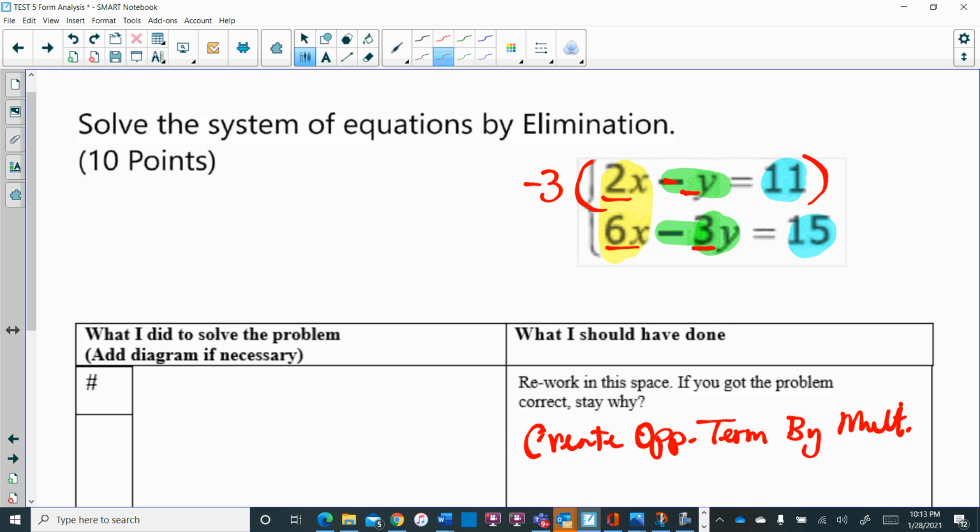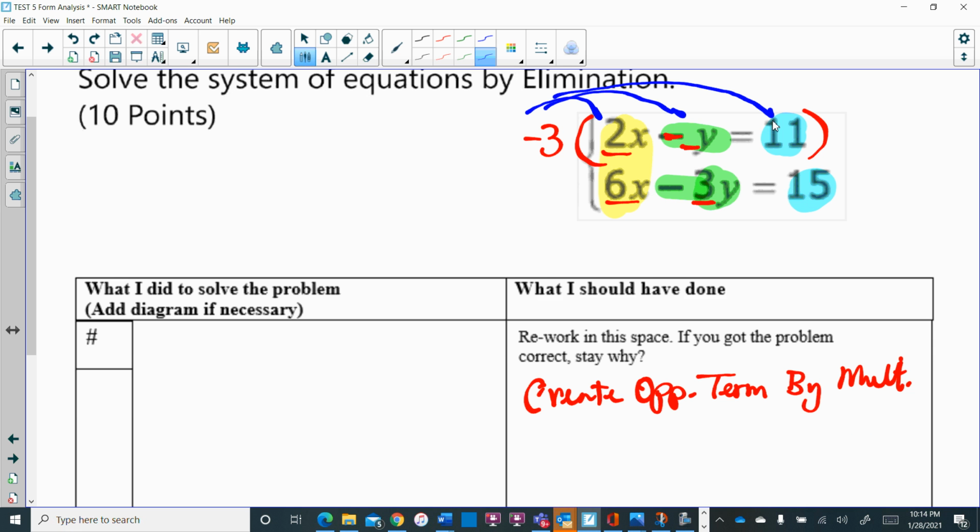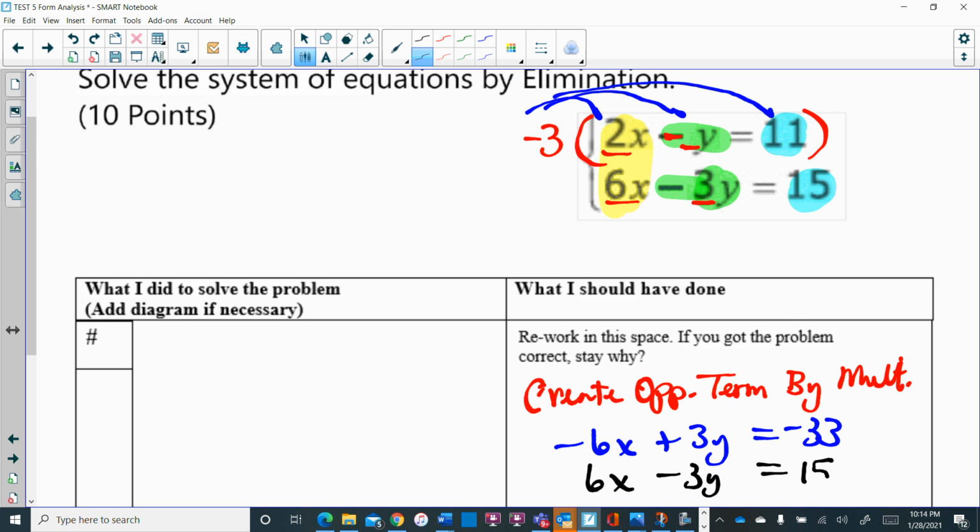Since I already have a minus, I've got to multiply by negative 3. And that means each term. So what we would have was a negative 6x plus 3y equals negative 33. And then the second equation states, 6x minus 3y equals 15.